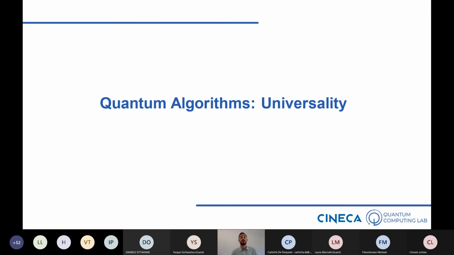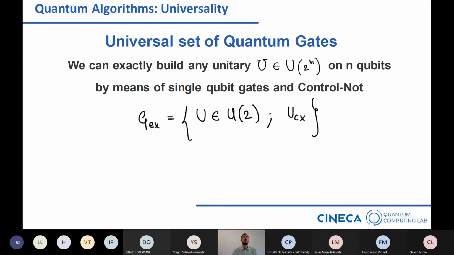Okay, now let's talk about universality. So what does it mean? So what do we want? We want to find out which is the smallest set of simple unitary gates thanks to which we can build any unitary on n qubits.